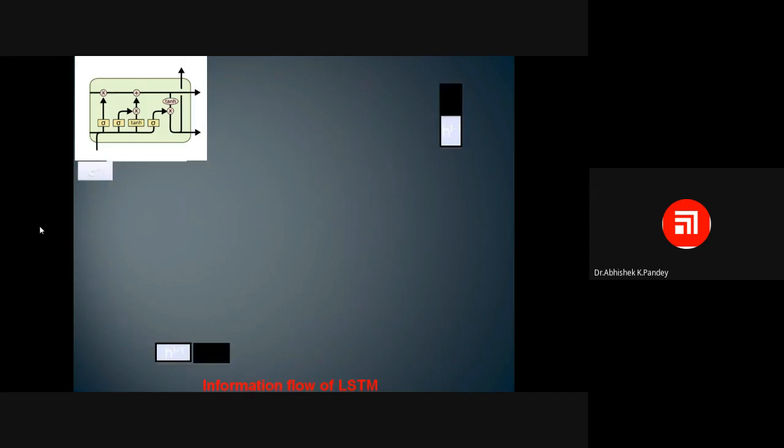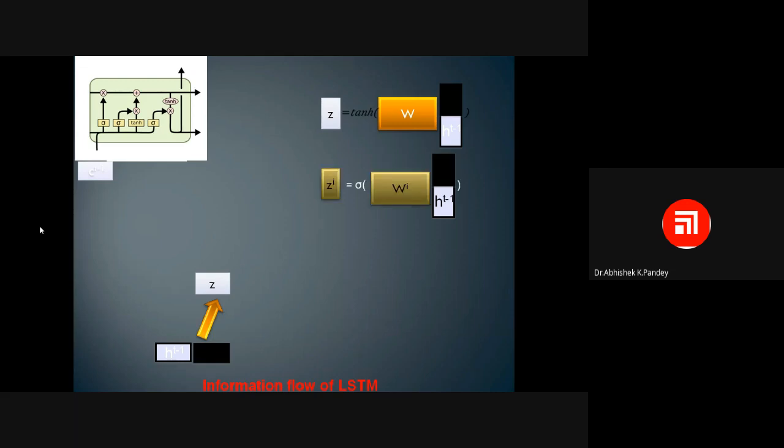This is the information flow. I'm just explaining how information is flowing, and then I will explain the things to you. I'm making it stepwise so you can understand it in a better way.